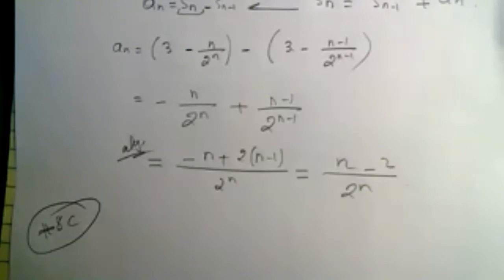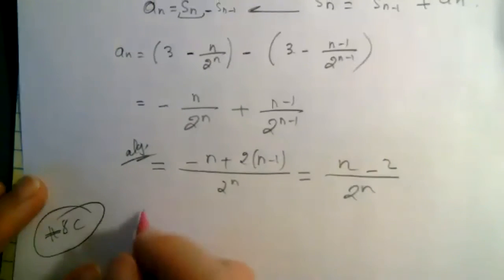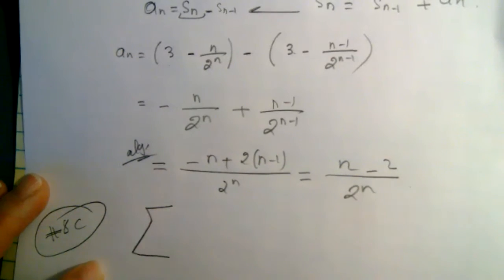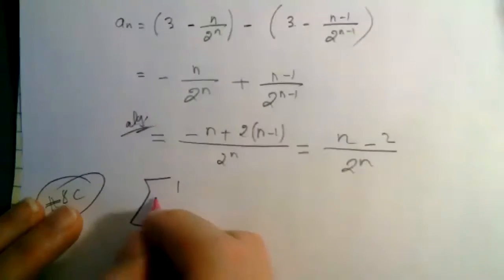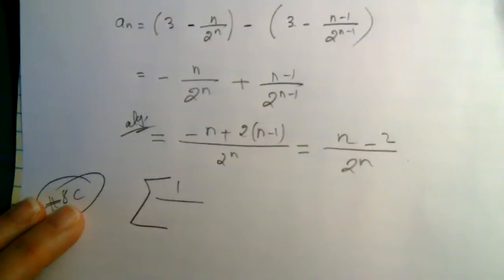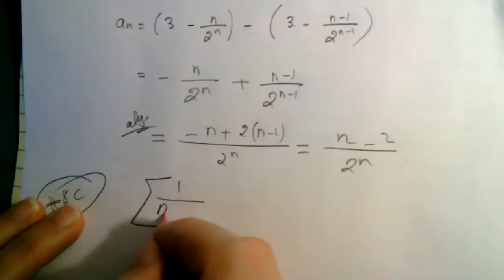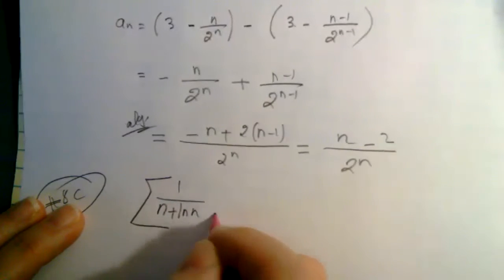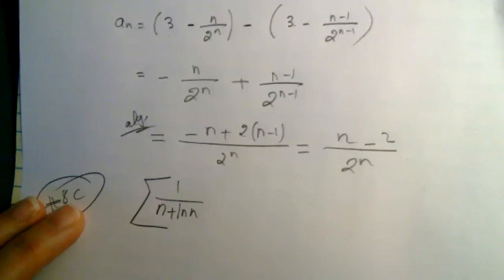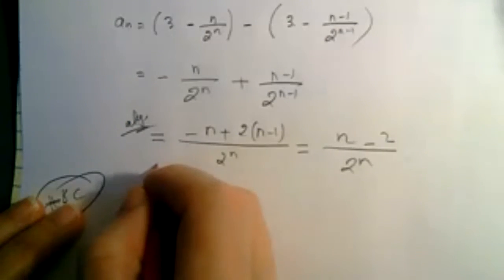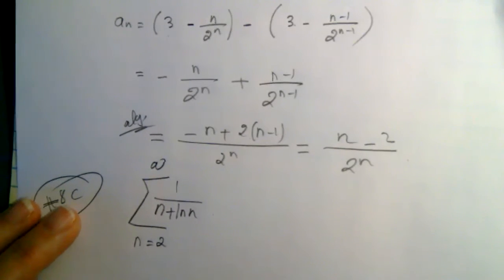All right, 8C. Sigma, n equals 2 to infinity, of 1 over n plus ln of n. And does the series converge or diverge?